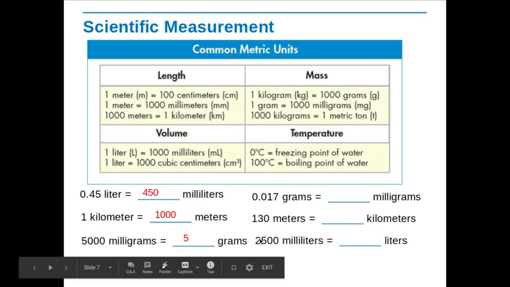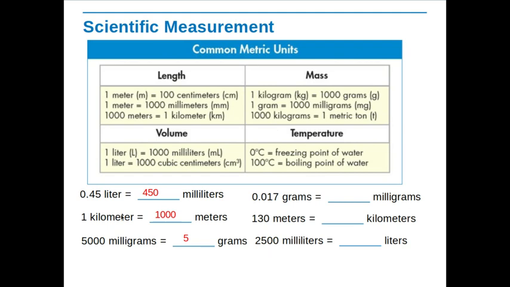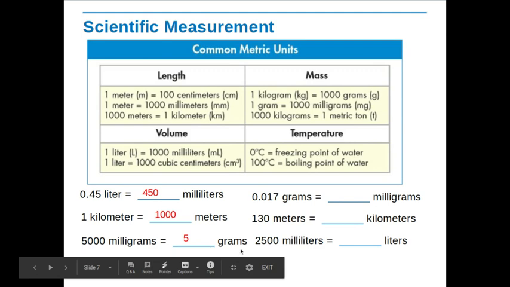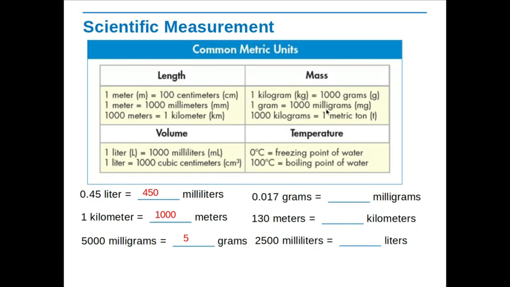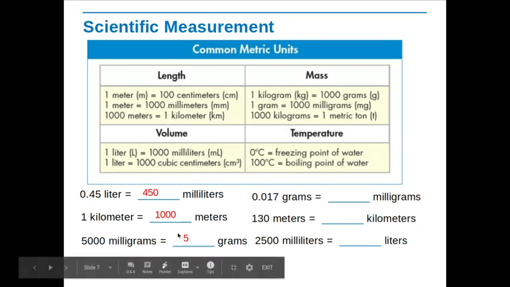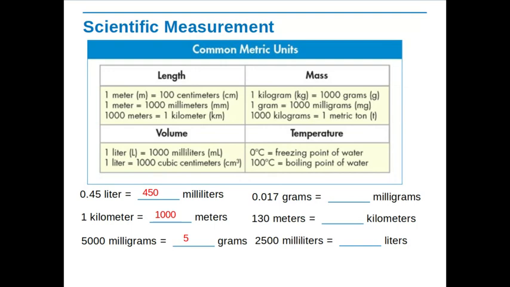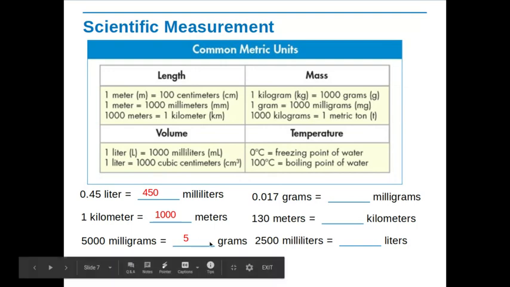I would divide by 1,000, which would give me 5 grams. Look at your answer and make sure it makes sense. Milligrams are smaller than grams, because there's only 1 gram in 1,000 milligrams. So it wouldn't make sense if we come up with 50,000 or 500,000 grams. That wouldn't make sense.